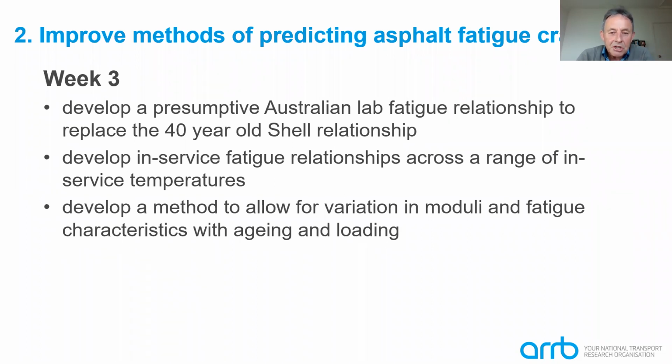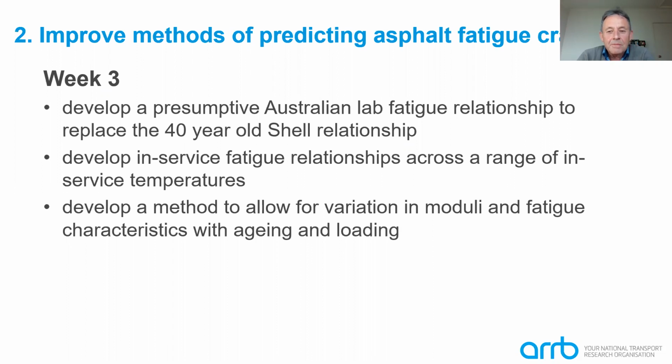And I did touch on the fact that we use a fatigue relationship that was developed by Shell about 40 years ago, based on European mixes. And we desperately need an Australian laboratory fatigue relationship that reflects Australian mixes today.